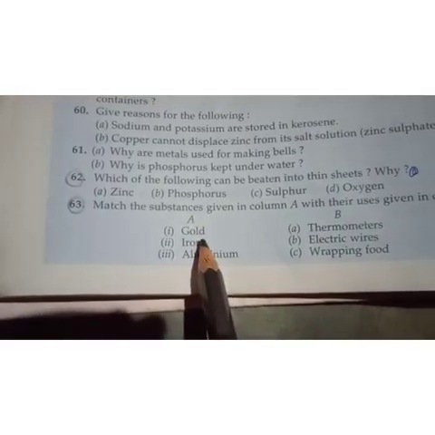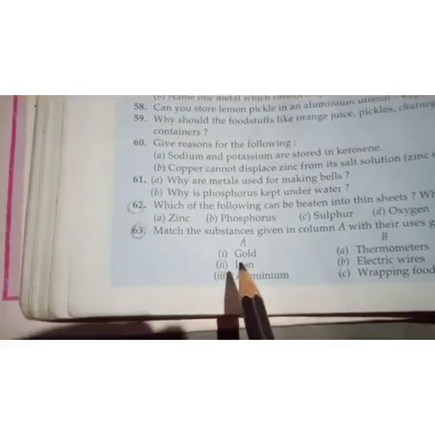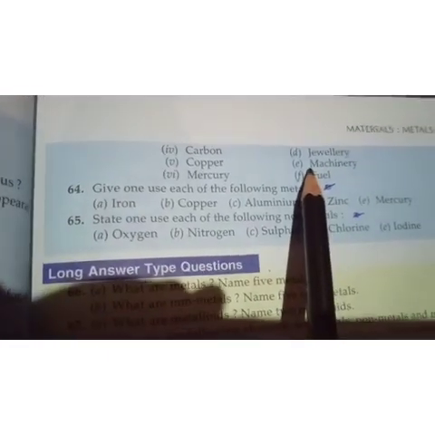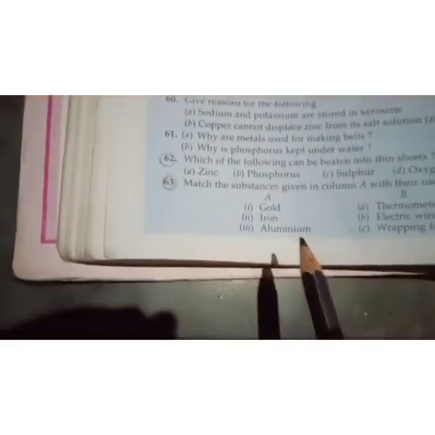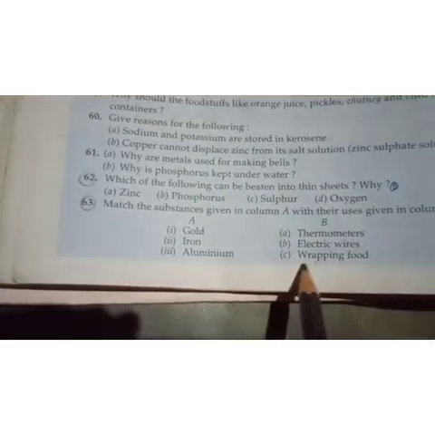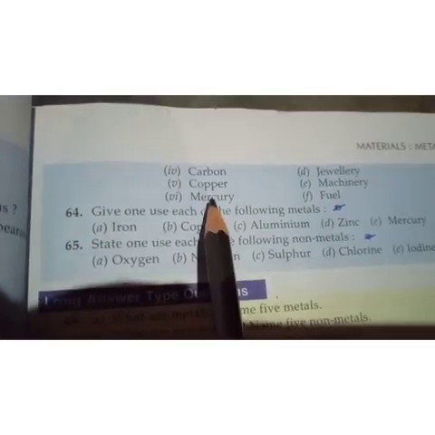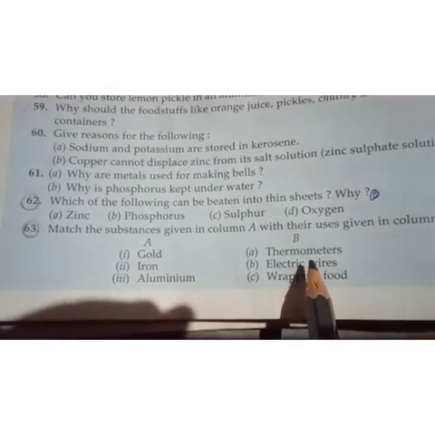So see, gold is used as jewelry, iron, machinery, then aluminium, wrapping food, carbon, fuel, and mercury, thermometers.